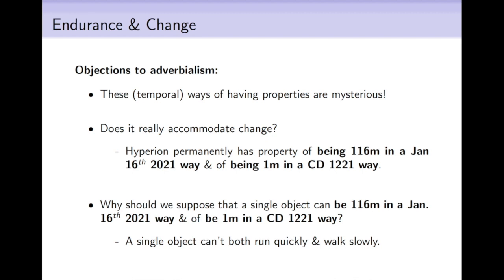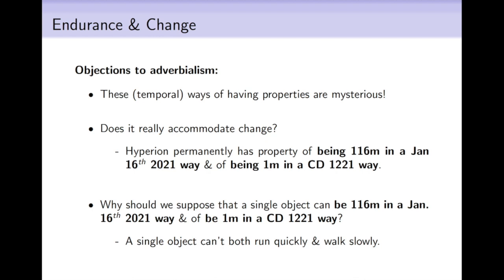One way of cashing that out is to remember we're doing metaphysics. So what exactly does this correspond to? I suppose I can get a grasp of what it is for Bolt to run quickly. I could get an empirical handle on that. I can measure his speed and so on.